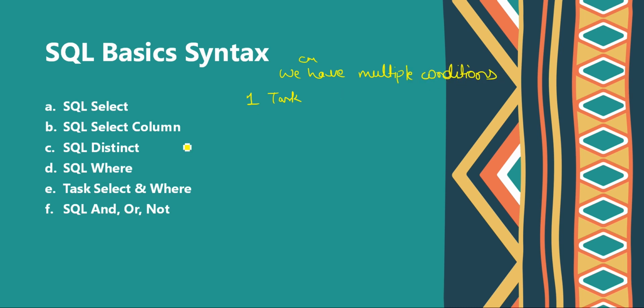In the same way, in our query, I want a result, and to achieve this result I need to check some conditions, maybe one or two or maybe hundreds, I don't know, but there can be multiple conditions.